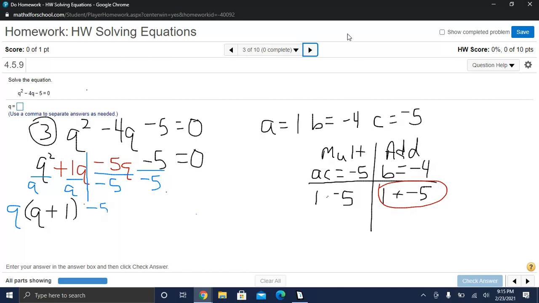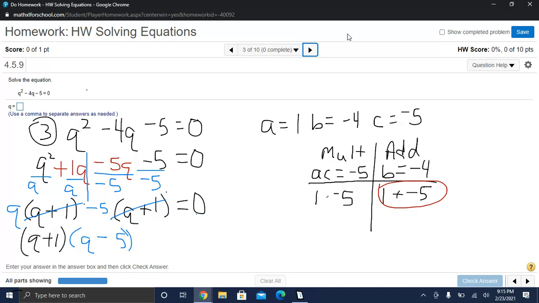And so I'll have -5 and then start another parentheses with q, and then -5 divided by -5 would be +1. Now remember that this is a matching parentheses of q plus 1, and so that's one of my factors. And then my other factor is the q minus the 5.